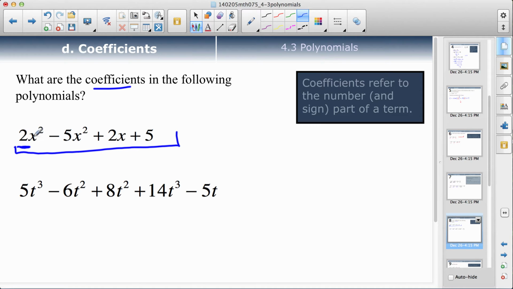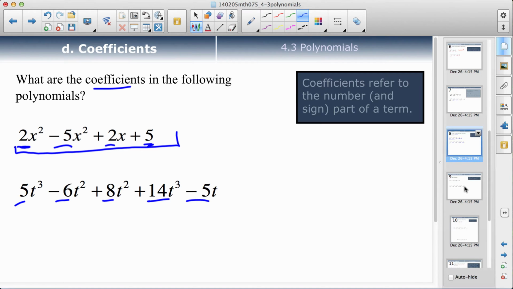So the 2 is the coefficient of x squared. Negative 5 is the coefficient of this x squared. Positive 2 is this coefficient. This one doesn't have a letter, but you could call 5 a coefficient if you want. For this one, 5, minus 6, notice the sign in front goes with it, 8, 14, negative 5. Those would be the coefficients for that expression.